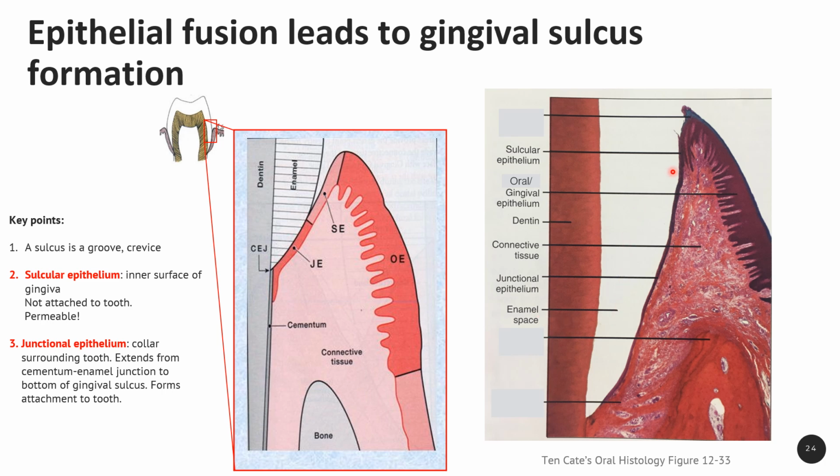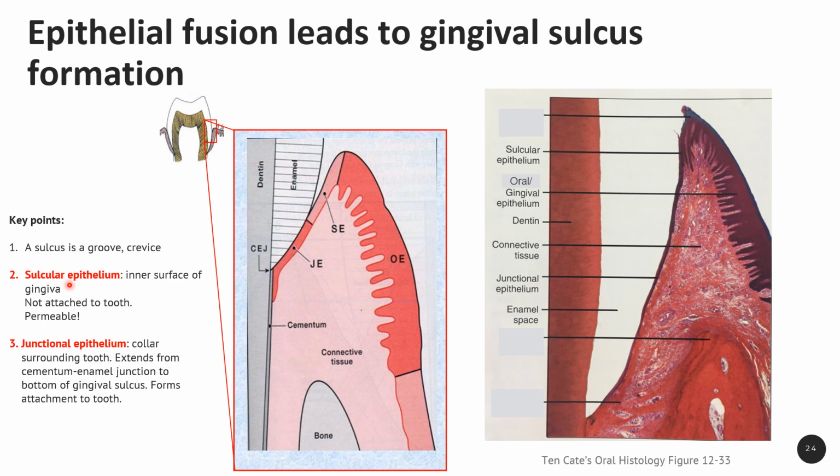Here is the oral epithelium, you can see all the striations, and here is the junctional epithelium. So you have these two types of epithelium that are different to each other. They might look fairly similar if you go with your eye from the bottom to the top, junctional epithelium, sulcular epithelium. Okay, how do I know what the difference is here? The difference is the attachment to enamel or not.